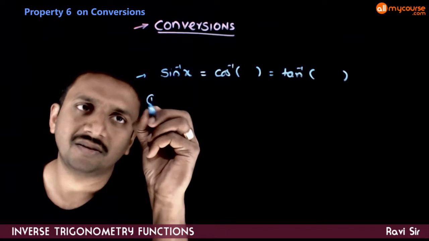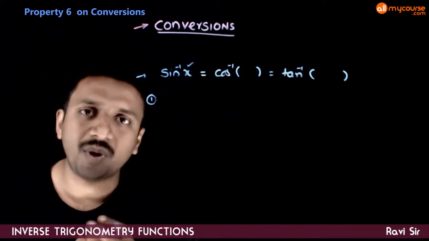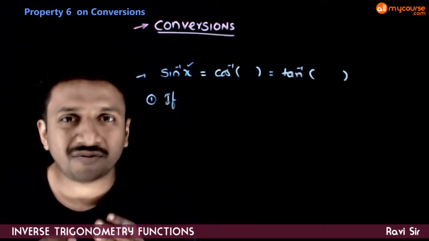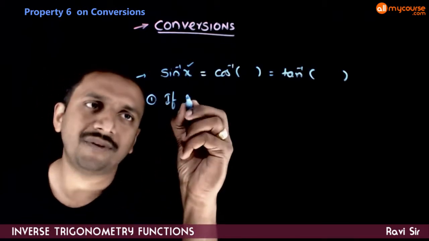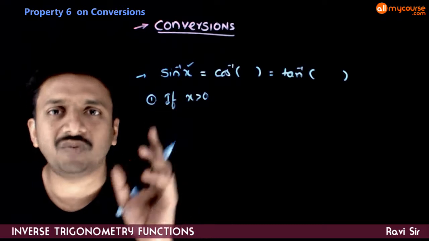So first, easy conversions happen when x is positive. So first let us do the straightforward derivations. So if x is positive, that is x is in between 0 and 1.